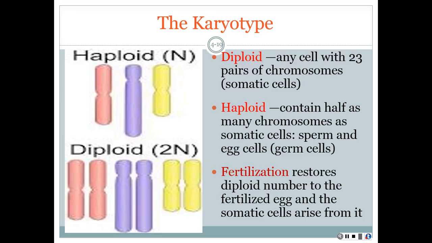Sperm and egg cells, and the cells that become them, are called germ cells. All other cells of the body are called somatic cells. At fertilization, a sperm cell and egg cell fuse and restore the diploid number.